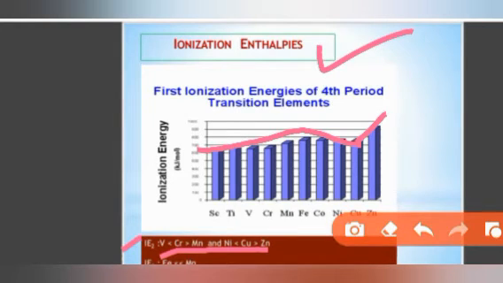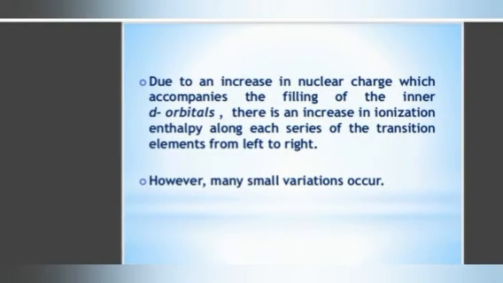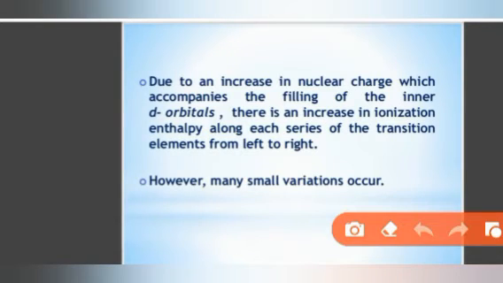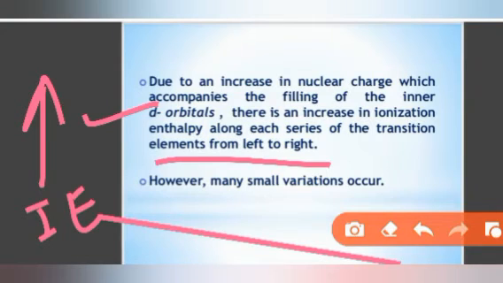It means chromium and copper are exceptional cases. Due to the increase in ionic charge which accompanies the filling of the inner d orbitals, there is an increase in ionization enthalpy along each series of the transition elements from left to right. So ionization enthalpy increases with the decrease in atomic size.